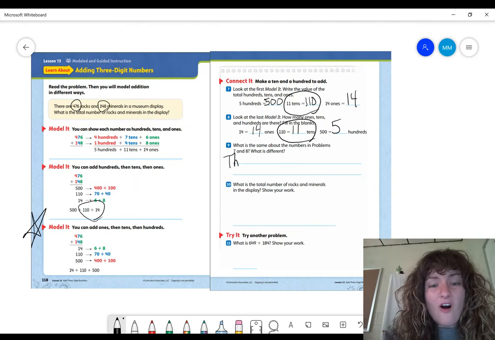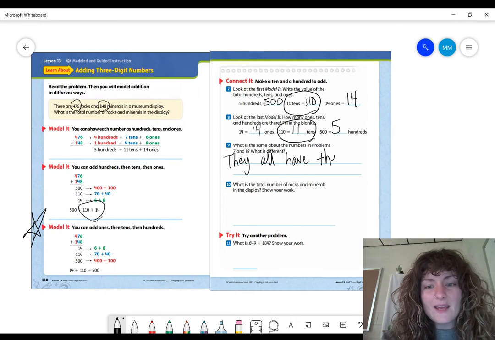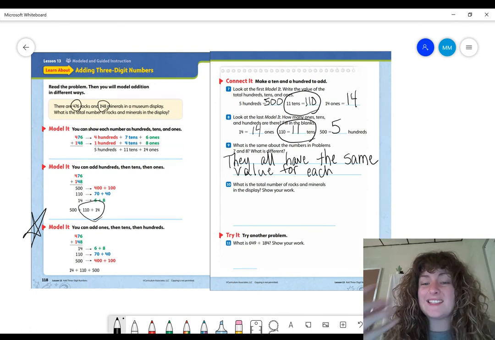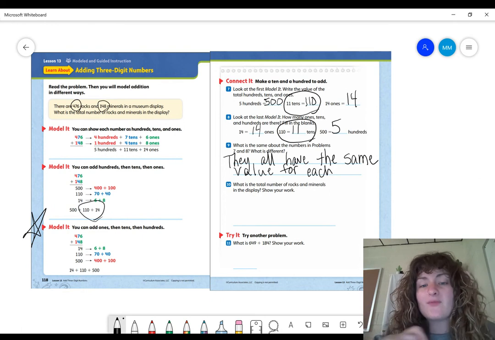They all have the same value for each digit. So all of these problems show the same value of each digit. So 14 is the same as 14 ones. 110 is the same as 11 tens.